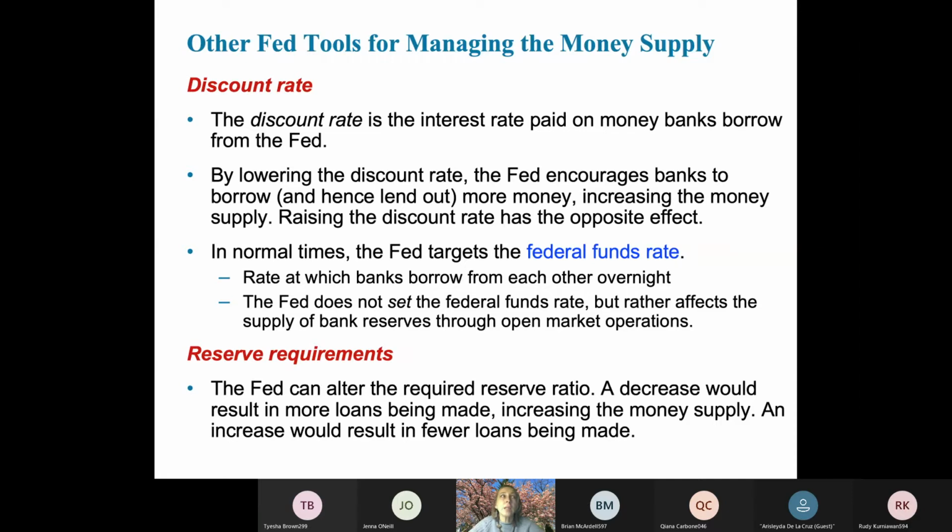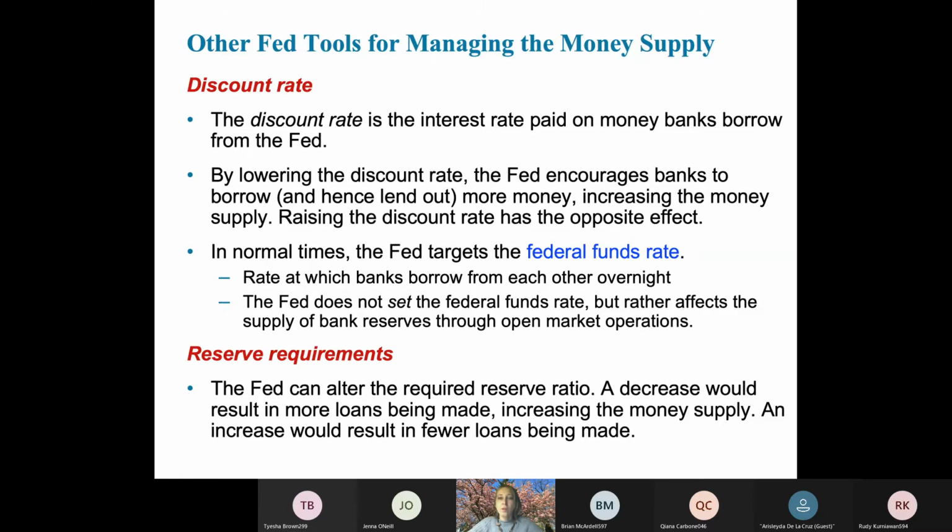So discount rate is the rate at which the Fed can lend to the banks on an overnight basis. So it's a very low interest rate at which the Fed can provide emergency loans to the banks. Yet the banks don't usually go to borrow from the Fed.